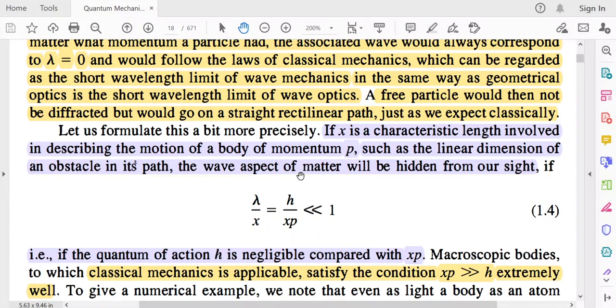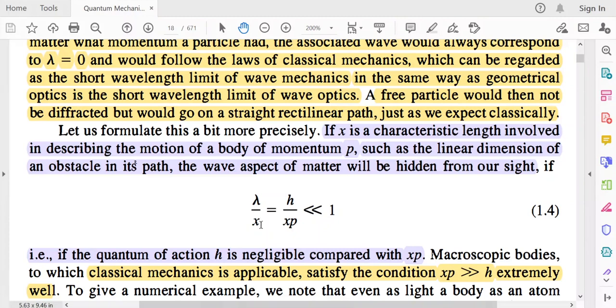The wave aspect of matter will be hidden from our sight if lambda by x, equal to h by xp, because lambda is equal to h by p, is very much less than 1. That means lambda is very much less than x. If x is the dimension of the obstacle, the wavelength lambda is very much less than the dimension of the obstacle.